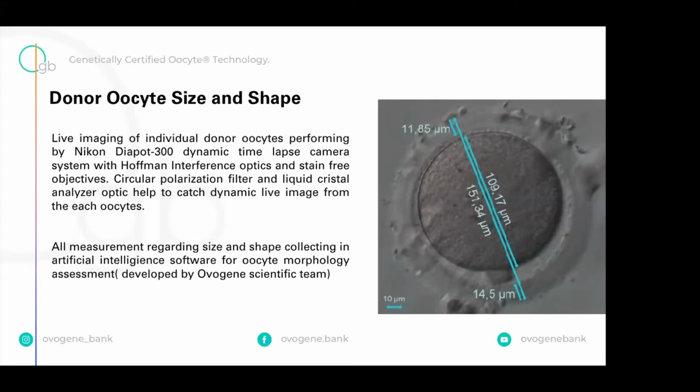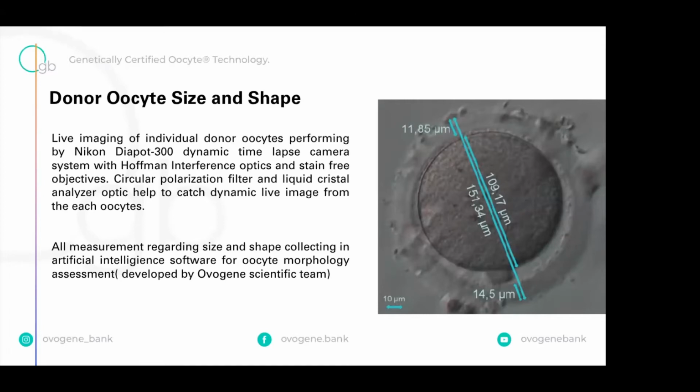The system already includes a circular polarization filter, which shows us the quality of the cytoplasm, and a liquid crystal analyzer optic, which directly calculates the concentration of the cytoplasmic activity.